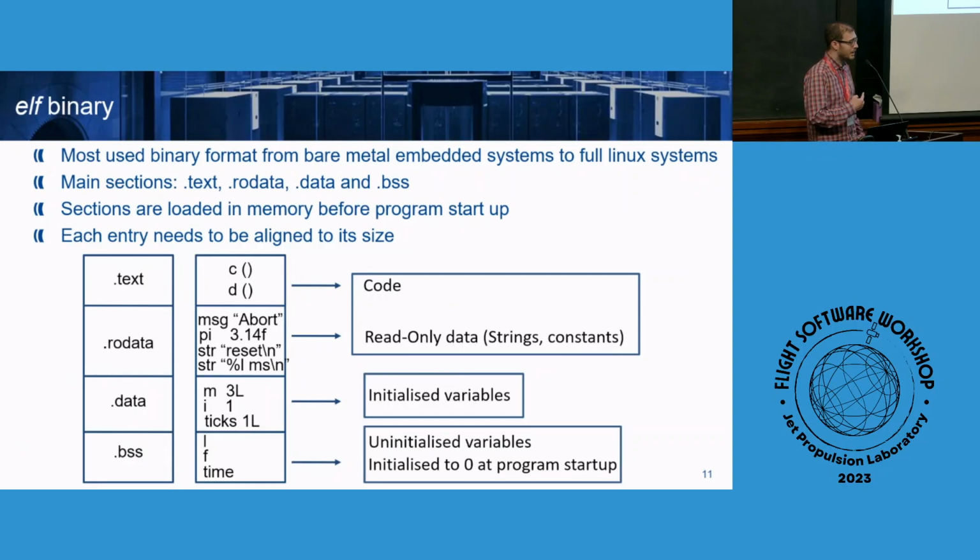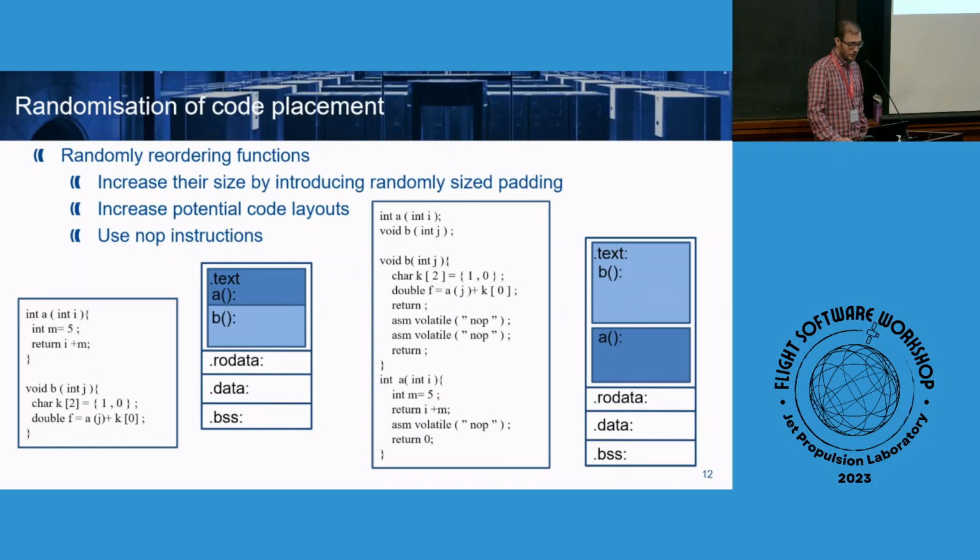The data section, which contains initialized variables, and the BSS that contains uninitialized variables or variables initialized to 0. And BSS ensures that at program start time, all this area will be written to 0. And each entry of variables or elements that we have in the software needs to be aligned to their size.